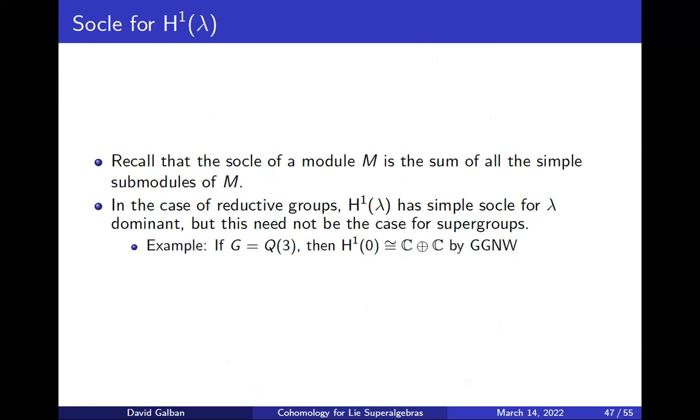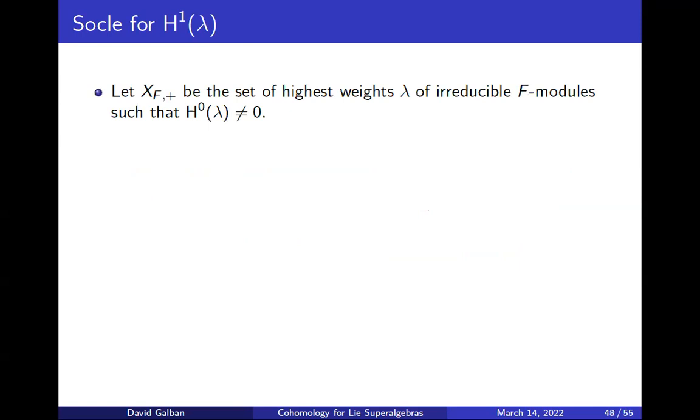As an easy example, if we consider G equals Q3, then by GG and W, H1 of 0 is just going to equal C direct sum C. And so the socle is going to be everything in this case, but it won't be simple. So lambda is not dominant. Yes, sorry about that. As long as lambda is not dominant.